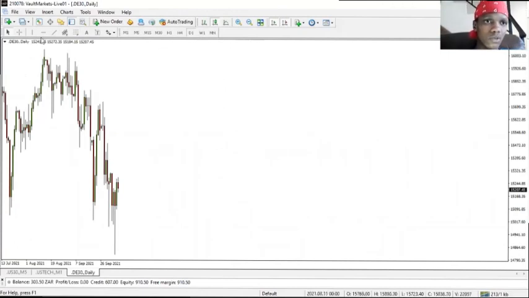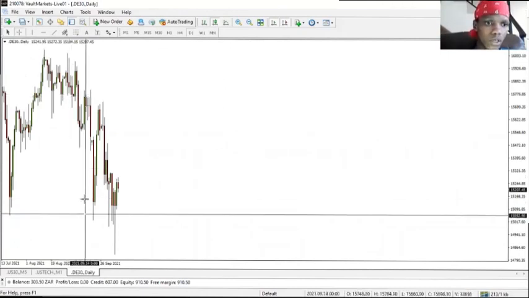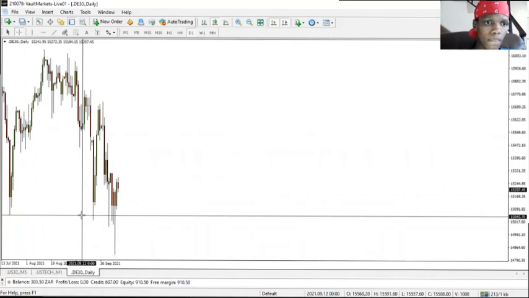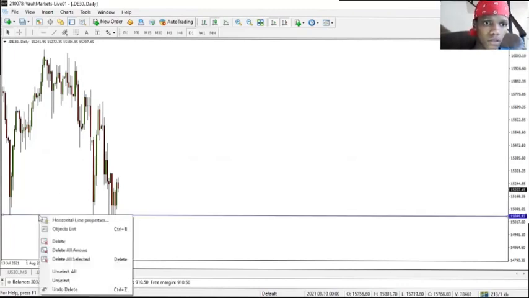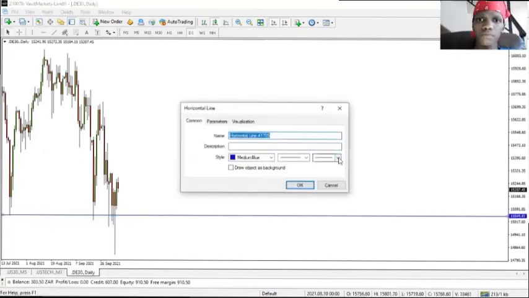So as you can see with the daily, here we have a very strong resistance here. Price has been failing to, okay, let me put a horizontal line and make it bigger.